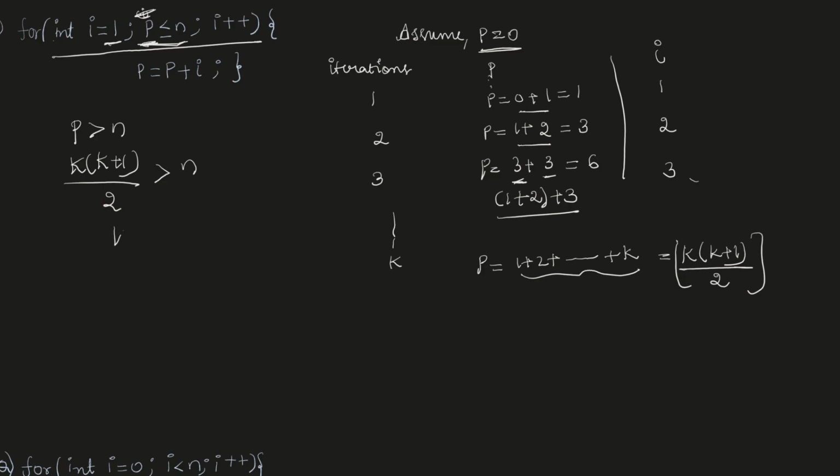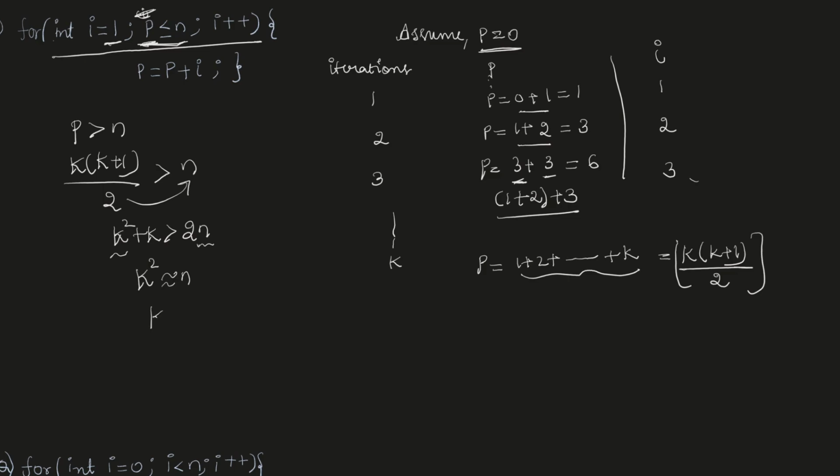Now k square plus k greater than 2 would go this side and this would become 2n. Now we can consider the highest power from here and also the power from here. So this would become k square nearly equal to n.